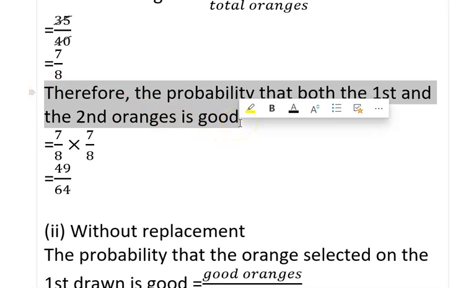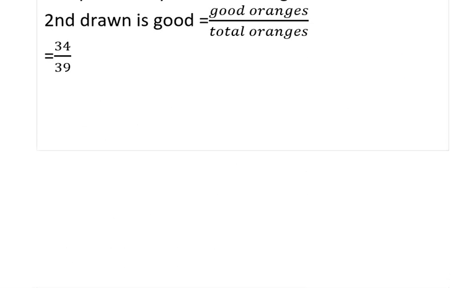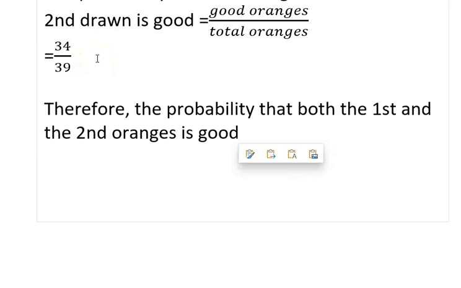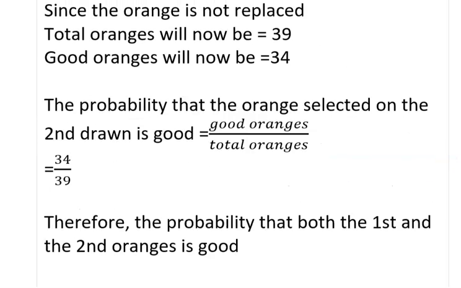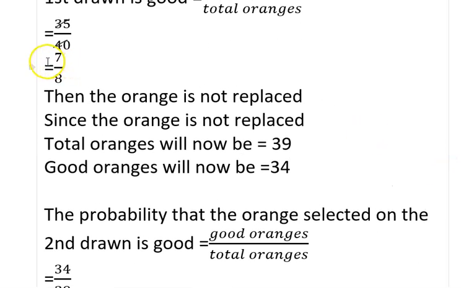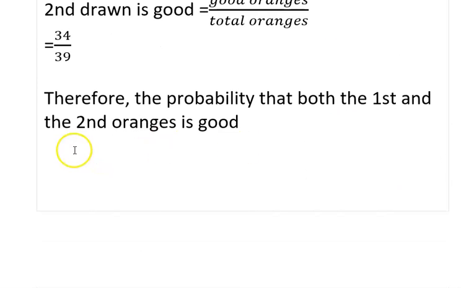The probability that both the first and the second oranges is good now. Therefore, the probability that both the first and the second oranges, those ones that were drawn, is good now, will now be, now that this one is good, that's the first one, but the second one now is drawn without replacement.